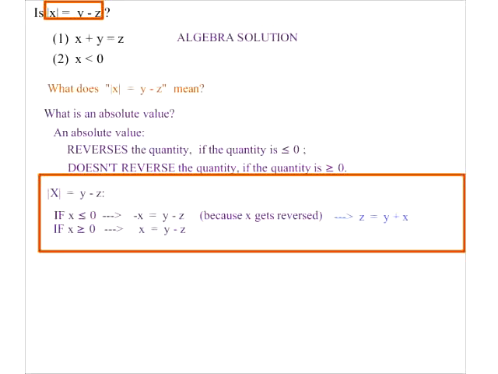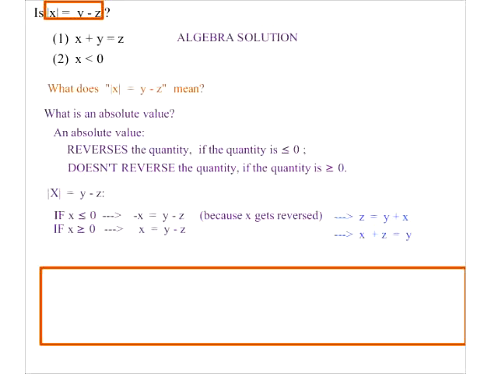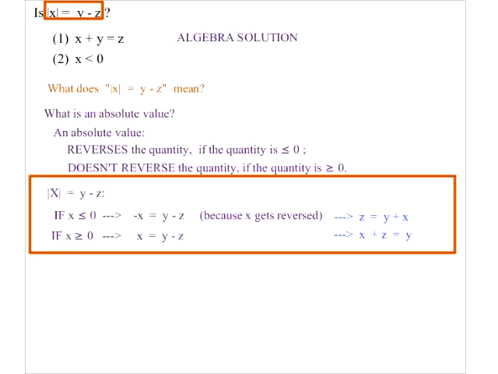This statement here becomes x plus z equals y. We're just doing basic algebra there. Let me show the steps: in the first case, we're adding x to both sides, and also plus z. In the second case, we're adding z to both sides.